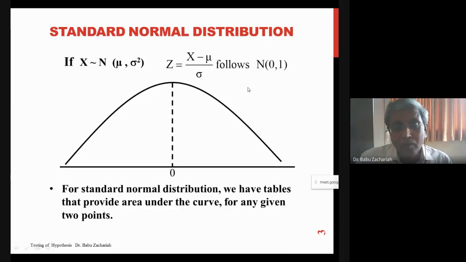For standard normal distribution, we have tables that provide the area under the curve for any given two points. There is some printed table available. Maybe many of you would have used that table when you learned statistics in your class, how to calculate the area under that curve. Say, for example here, what is the area between 0 and 2?